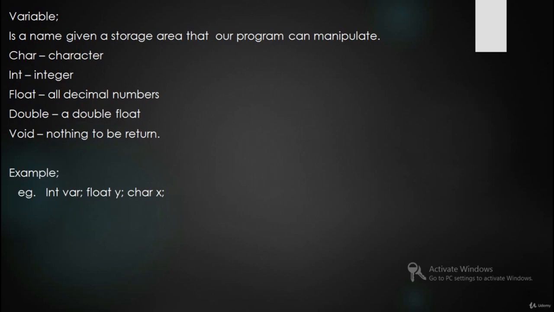Now, with char, which is for all character values, we also have integers, int for all positive numbers, and then float for all decimal numbers, double for maybe a double float, and then void, which means nothing will be returned in a case of execution.